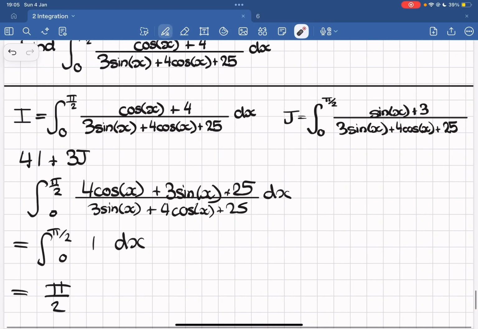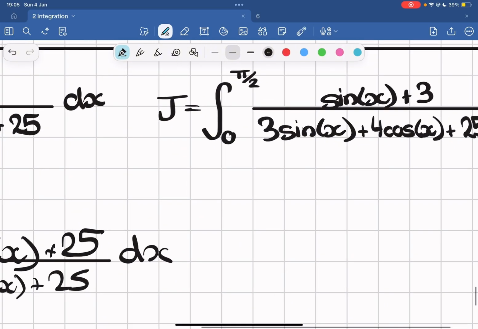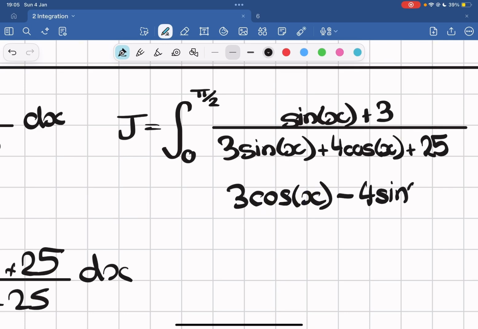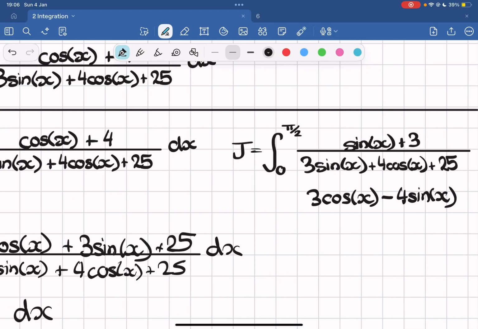So what is our denominator? 3 sin x plus 4 cos x plus 25. Let's differentiate. 3 sin x differentiates to give 3 cos x. Minus 4 sin x is the derivative of 4 cos x, and 25 of course is a constant, so differentiates to give us 0. So we need to form 3 cos x minus 4 sin x somehow on the top.